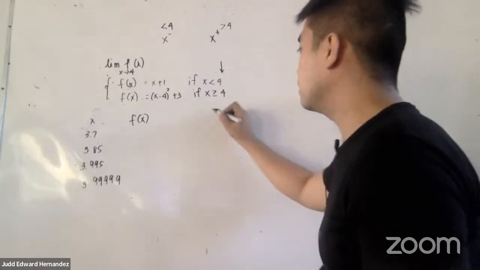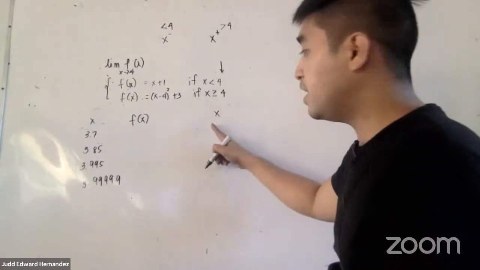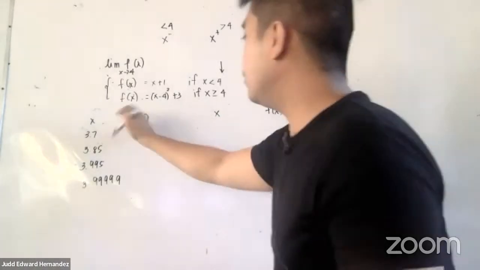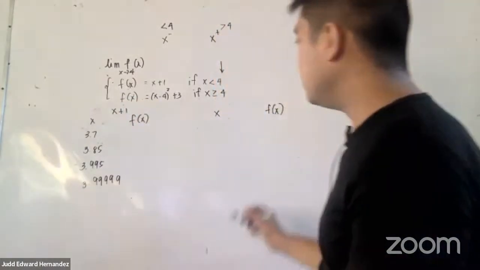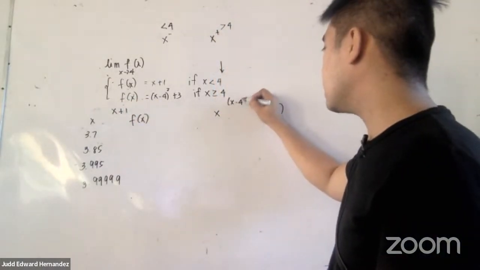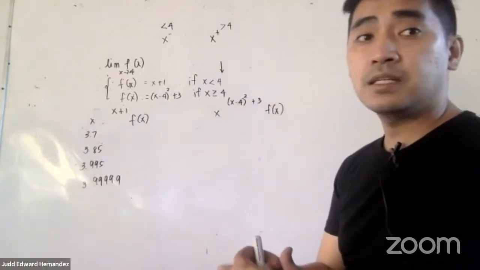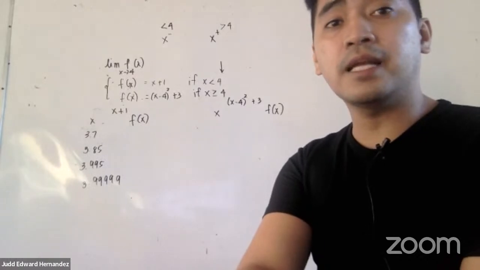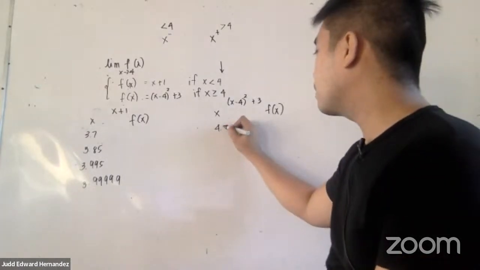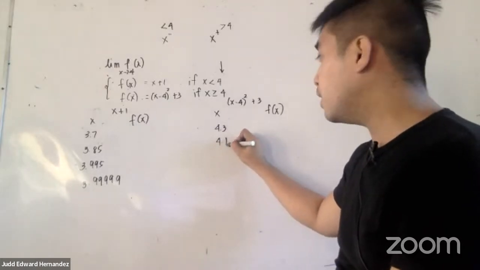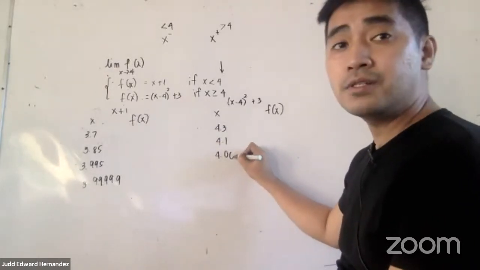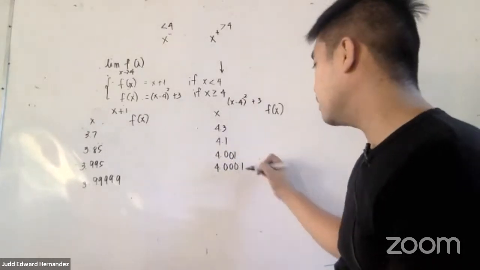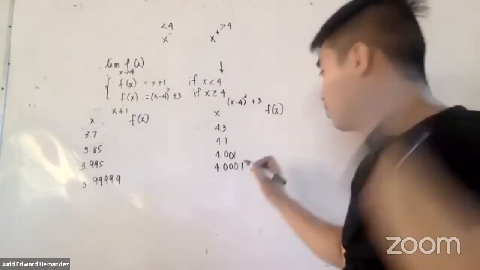Dito naman sa kabila, we are given here x and also f of x. Dito sa una, ang gagamitin nating function is x plus 1. Dito sa pangalawa, ang gagamitin nating function is the quantity x minus 4 squared plus 3. Okay? So, ibig sabihin, greater than 4 naman po yung gagamitin natin doon. Okay, let's have 4.3. Let's have 4.1. Let's have 4.001. And we're also given 4.0001. Okay, let's now try to substitute.